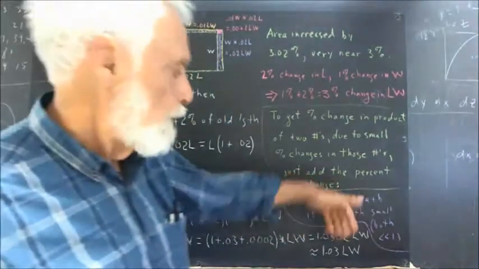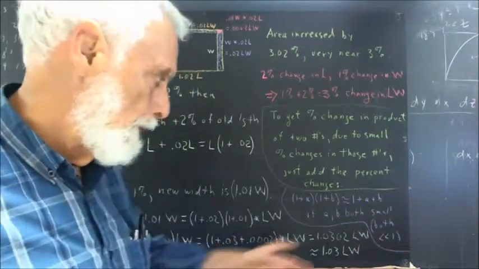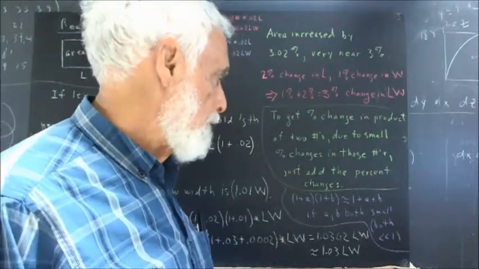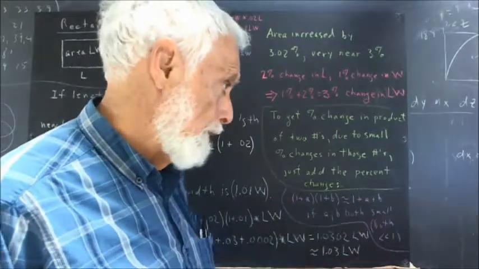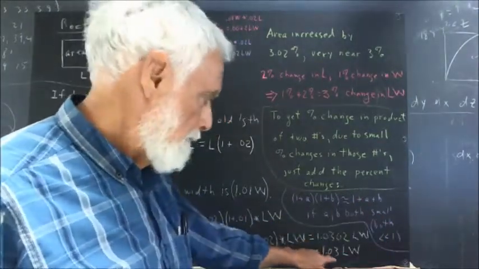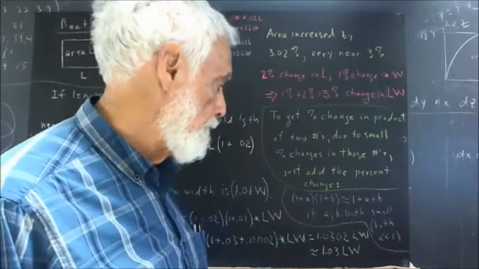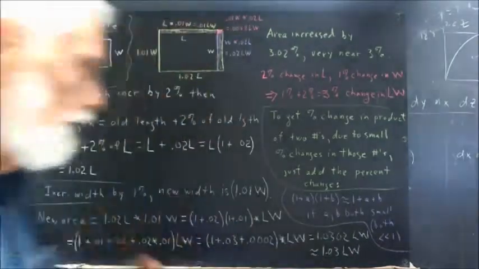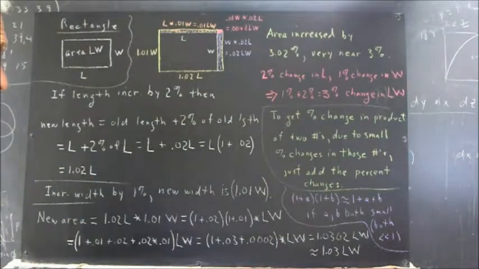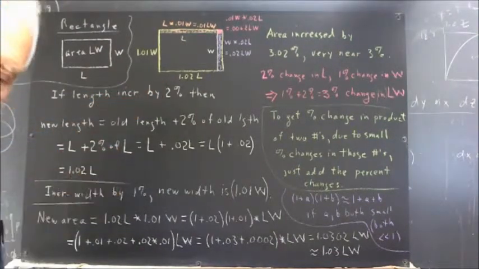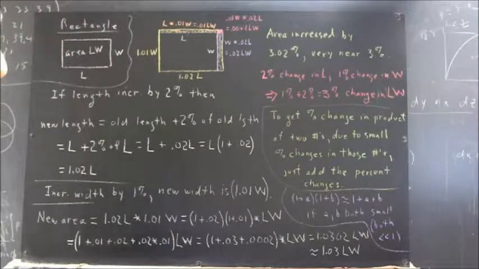Now, if we want a really precise result, we do want to include it, but for many practical purposes, it is irrelevant. And we come to the conclusion that our area is very close to 1.03 LW and that our area has increased by 3% as a result of a 2% increase in length and a 1% increase in width.